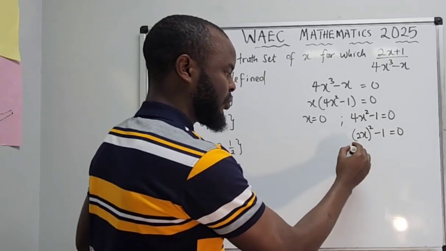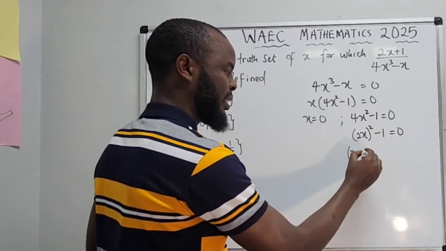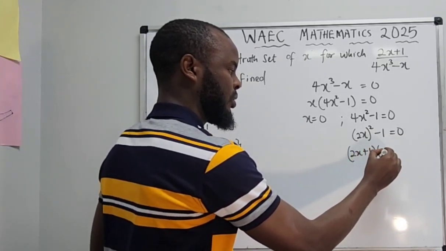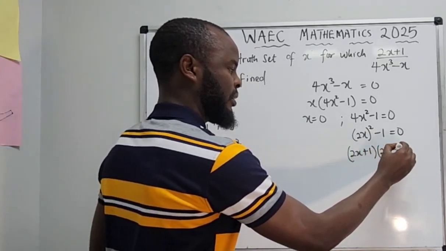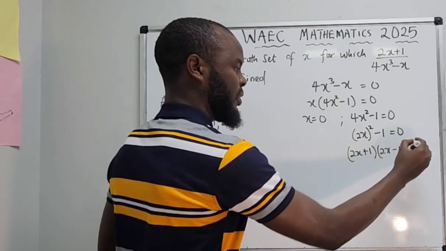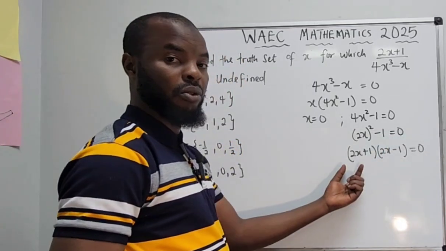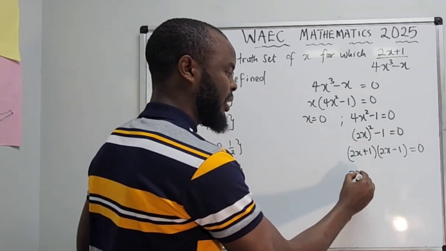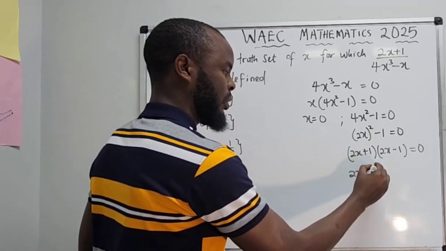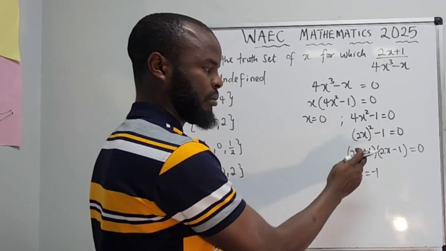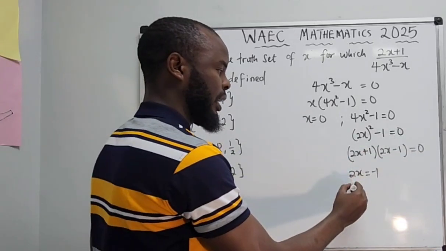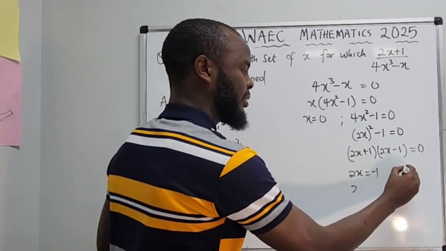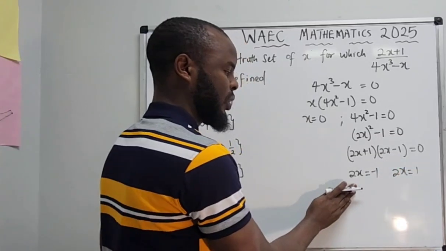So using the difference of 2 squares, this is going to be (2x plus 1)(2x minus 1) equals 0. This is the rule of difference of 2 squares. And this can be simplified as 2x equals negative 1 by equating this. And here, this can be simplified as 2x equals 1.